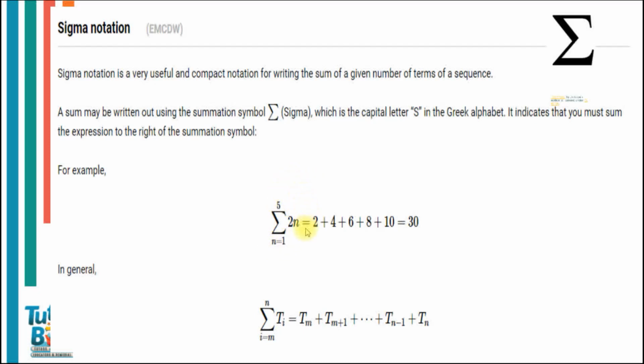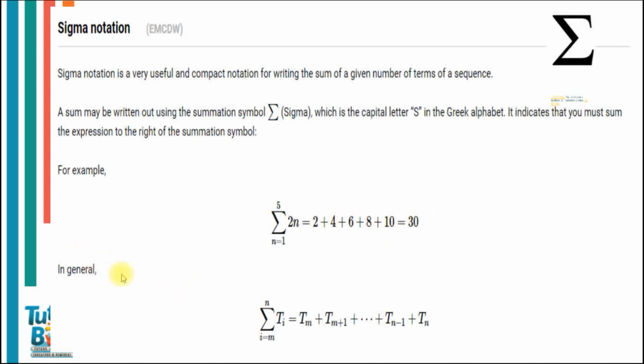For the first one, you just substitute your 1 there, you get 2. When n is 2, you get 2 times 2, which is 4. When n is 3, you get 2 times 3, which is 6. When n is 4, you get 2 times 4, which is 8. And when n is 5, you get 2 times 5, which is 10. So we sum from n is 1 all the way to 5, and you get your answer to be 30.